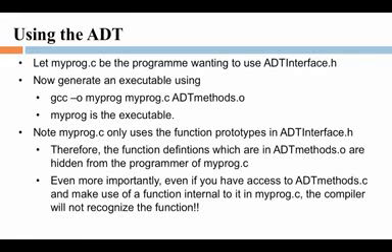Even more importantly, even if you have access to adt_methods.c, and if you try to make use of a function internal to it in myprog.c, the compiler will not recognize that function. Therefore, it forces you to use only the function prototypes that are present in the interface.